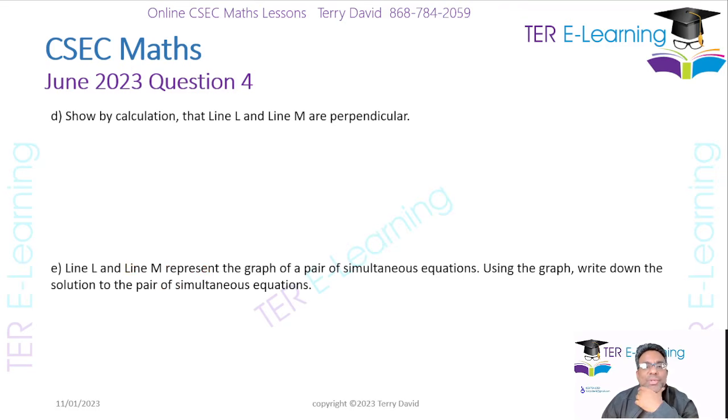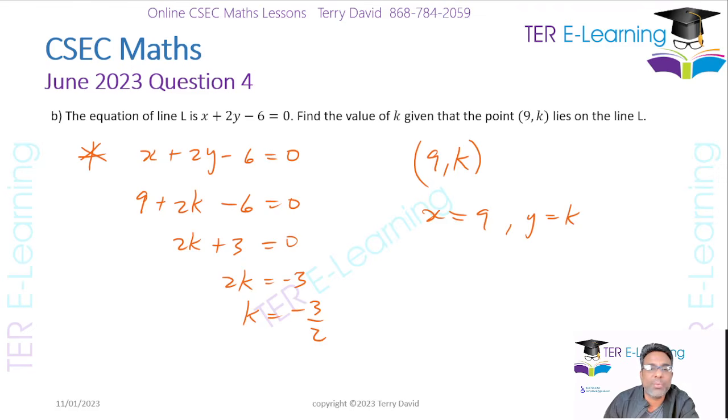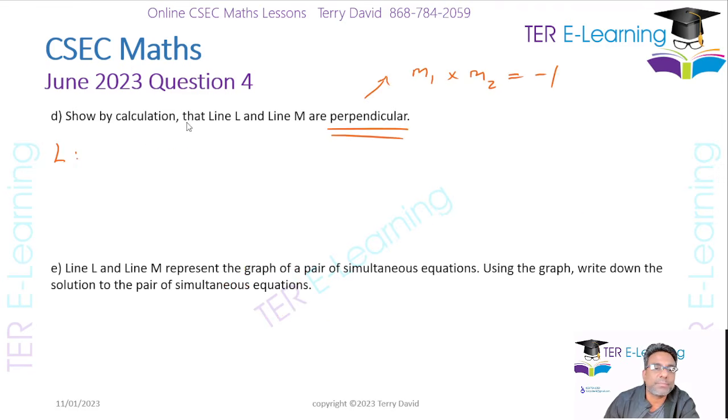Now, show by calculation that L and M are perpendicular. Whenever two lines are perpendicular, if I take the gradient of one and multiply it by the gradient of the other one, I should get minus 1. Now, in the case of L, what is the equation of L? x plus 2y minus 6 is equal to 0.